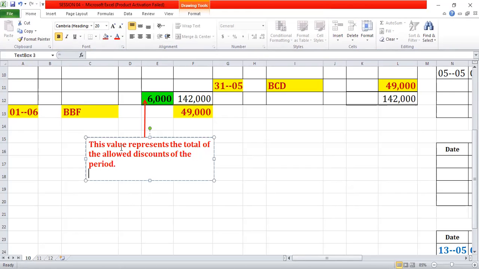Next it says this. It is debited to the discounts allowed account in the ledger.